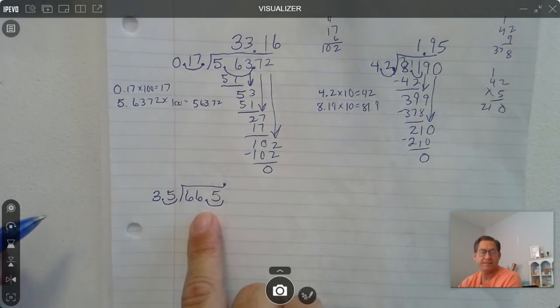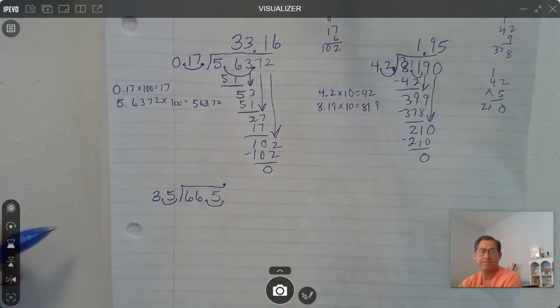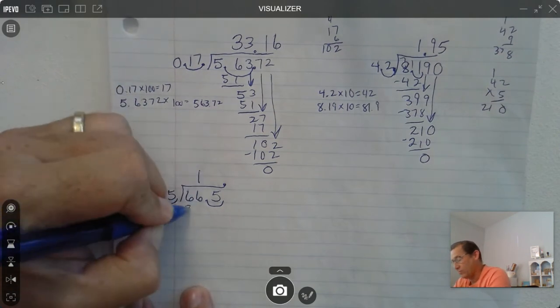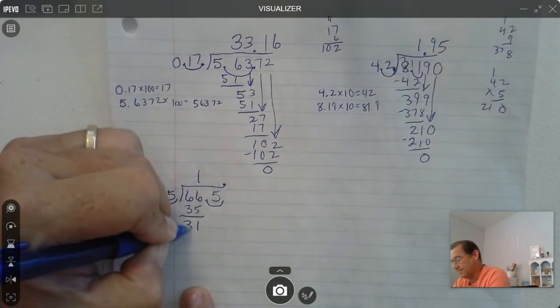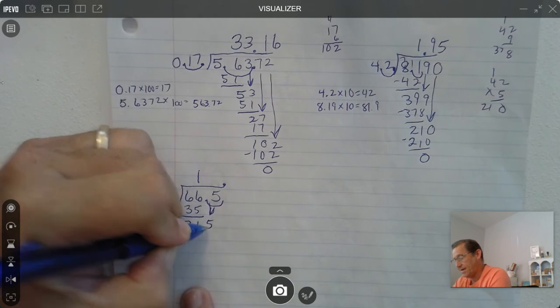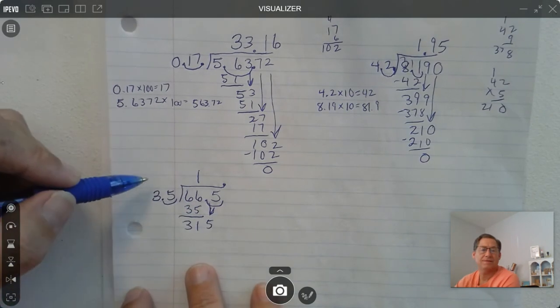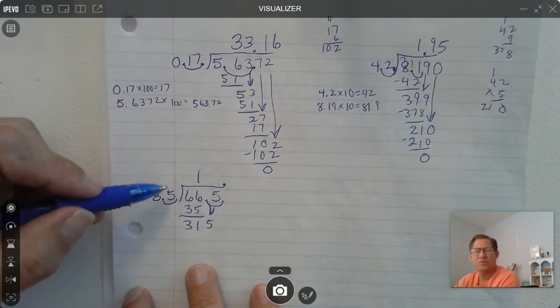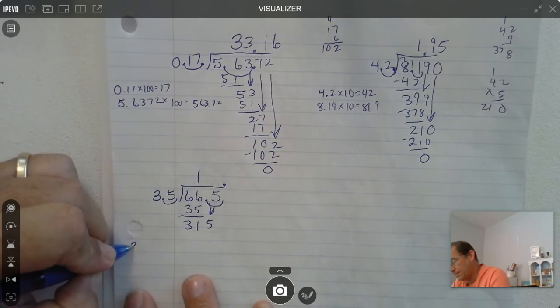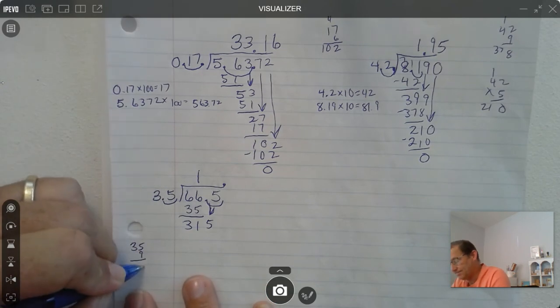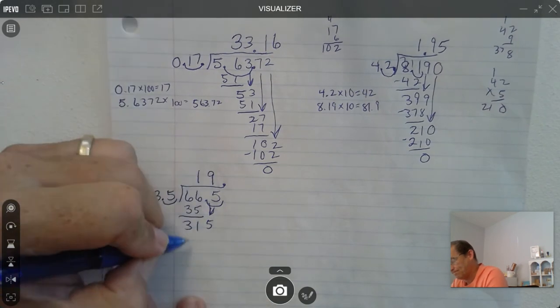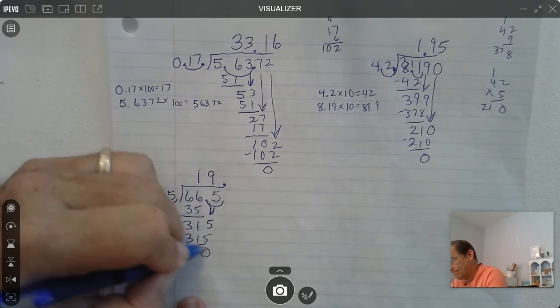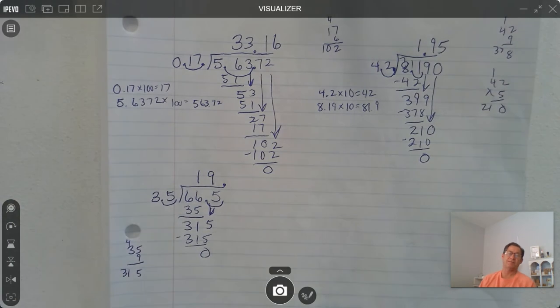So we have 665 divided by 35. I can take 1 from 66. Bring down the 5. Well, 9 times 5 is 45. I'm going to try 9. Yep. Okay, so it's 0, and I have no other numbers to bring down, so 19.